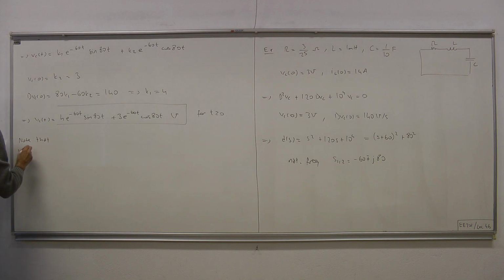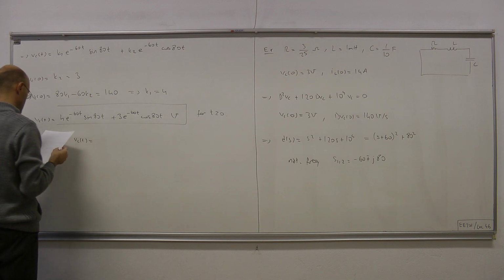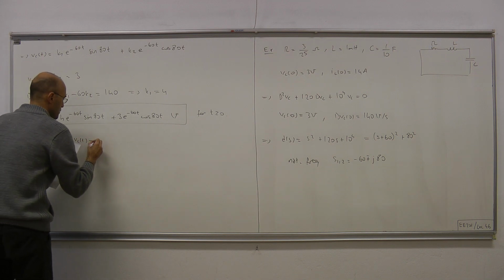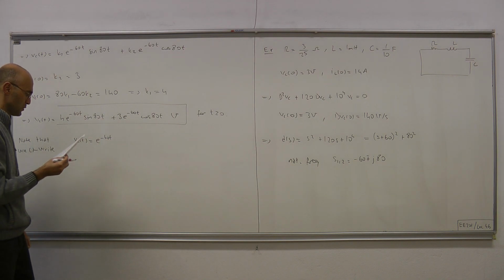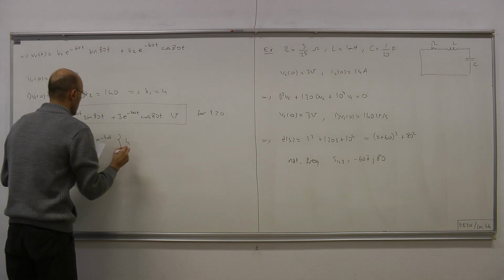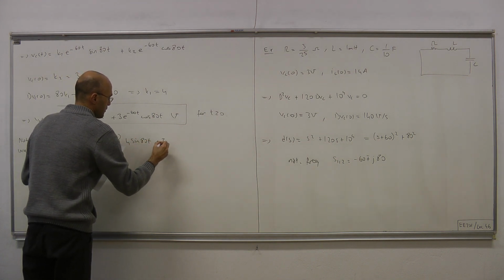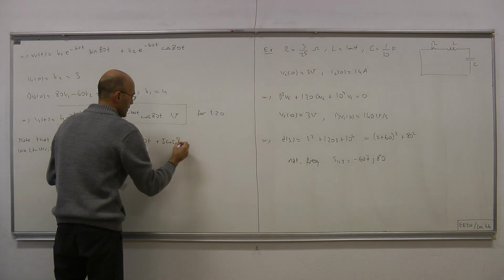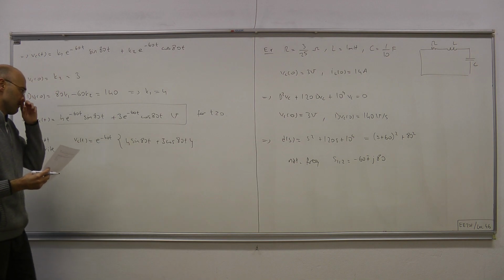Okay, so note that we can write the following. Vc(t) equals e to the minus 60t because it's common to both terms. And then we have 4 times sine 80t plus 3 times cosine 80t. Now our aim is to write this as a single sinusoidal function.